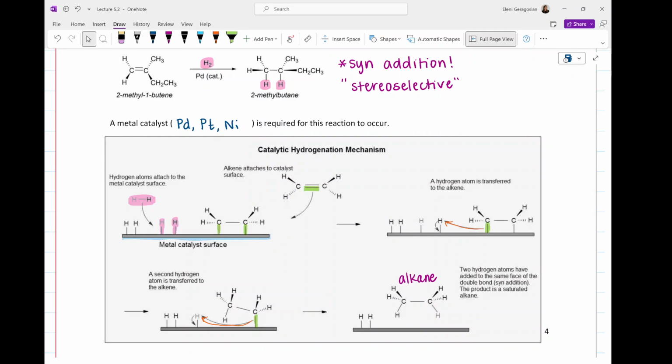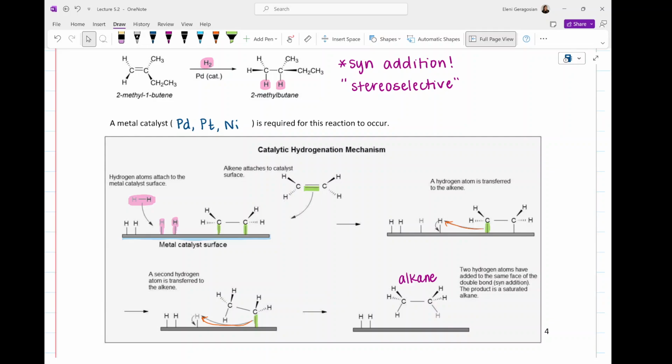Now, I won't ask you to reproduce this mechanism like I will for others. I won't ask you to draw a metal surface or anything like that. This is here to help describe what is observed, which is the syn addition for the H2 with the catalyst.